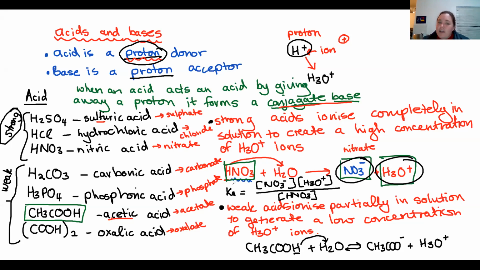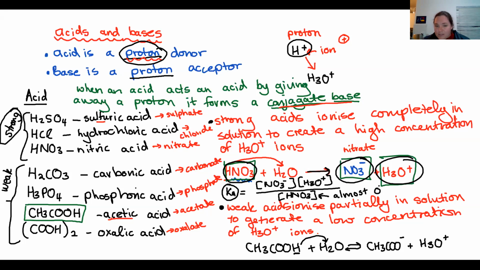Now what you should find, and the reason why the Ka value is so high, is that if I tell you that all of this turns into products, then this should actually be almost 0. In fact, we'd like to say that it's 0, which means that we can almost get to the point where your Ka value is undefined. Okay, a huge number divided by 0 gives rise to a very large Ka.